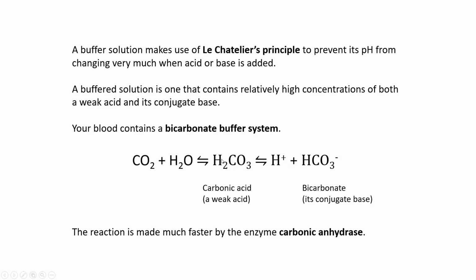When carbonic acid gives up one hydrogen ion to the solution, it becomes bicarbonate, which is HCO3-. So bicarbonate is the conjugate base of the weak acid, which is carbonic acid. And it's a base because it can, of course, accept the hydrogen ion and then therefore become carbonic acid.